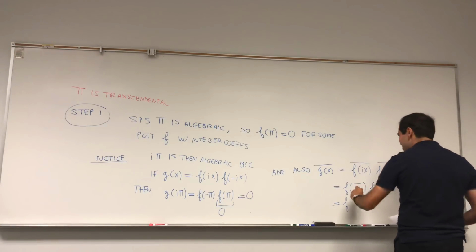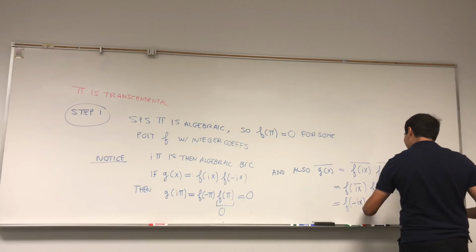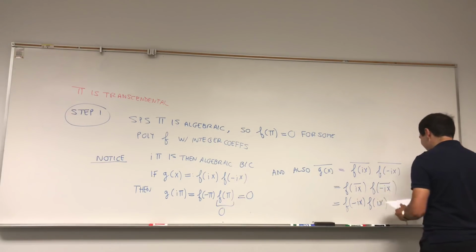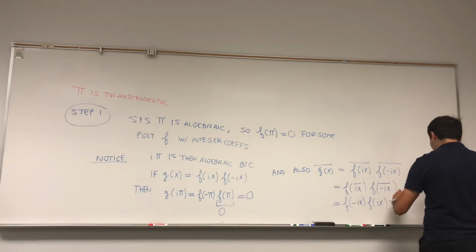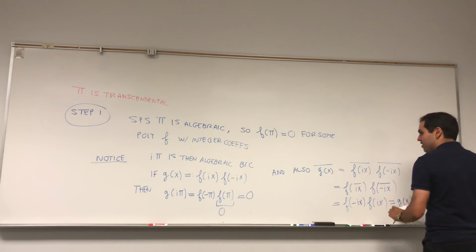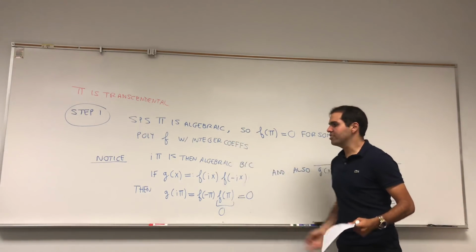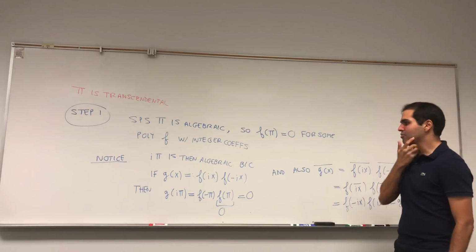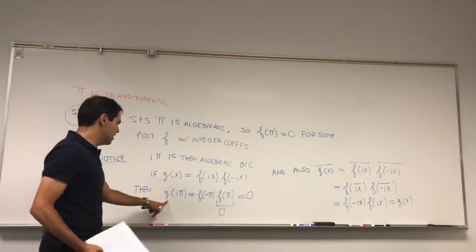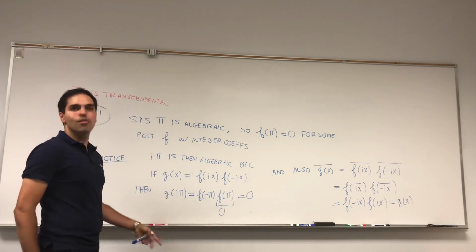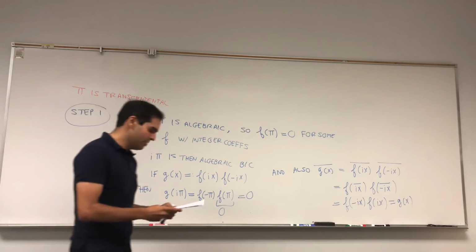You have the right to remain math. Okay, and the conjugate of this is minus ix, and then f of ix. But this is just g, by commutativity. So this is g of x. And so g is indeed a real polynomial, and its coefficients are then integers, because it's just products of integers. And therefore, i pi would be a root of a polynomial with integer coefficients. So i pi would then be algebraic.